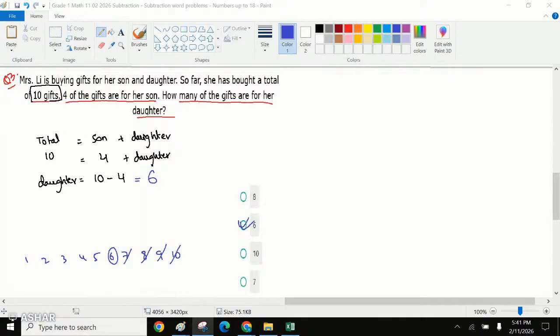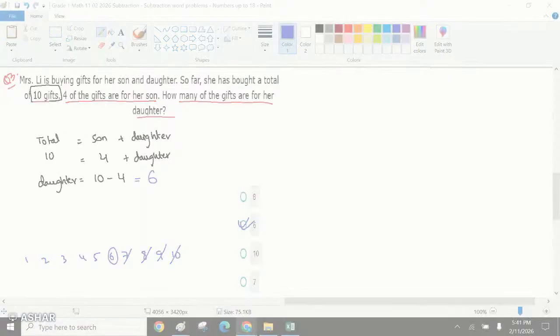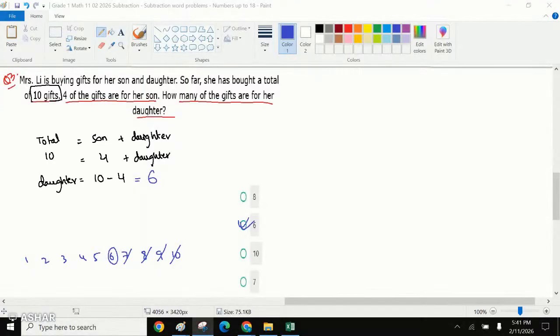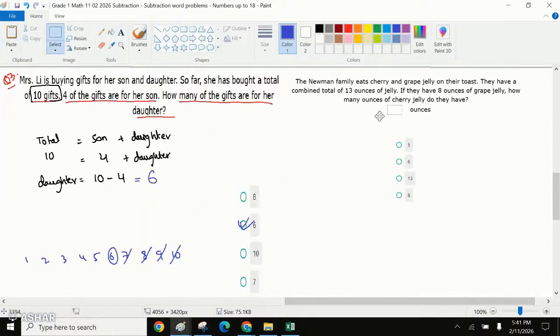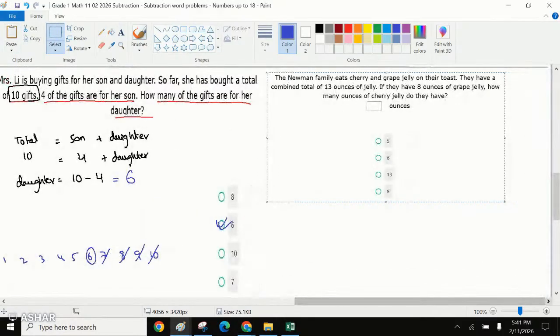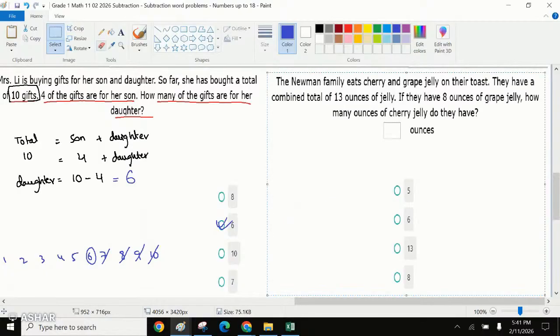The Newman family eats cherry and grape jelly. They're eating different types of jellies, and if this is the information that has been provided to us, we need to find the ounces of cherry jelly. This is our question number 4.